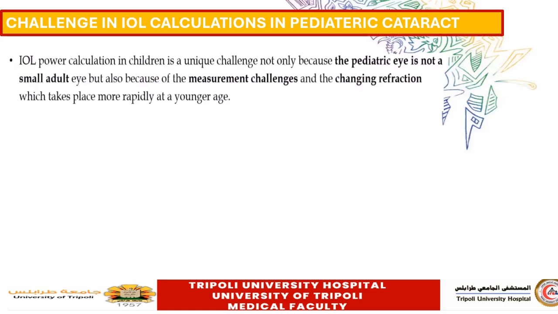In pediatric cataract, you are dealing with a dynamic structure that is changing in axial length and changing in keratometry over a long period of time, reaching up to 8 years.